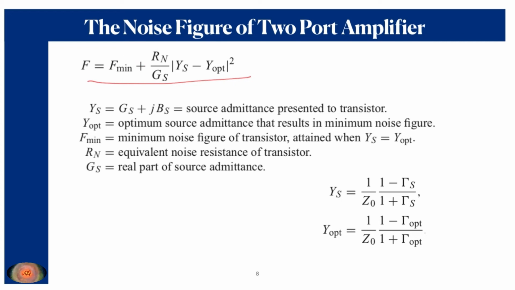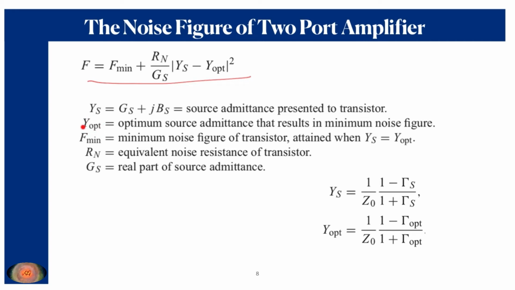This F min can generally be obtained either from the datasheet of the amplifier or by experimental result of the amplifier. So this is the minimum noise figure that we have to maintain, and this is the additional part where Ys, which has the real part Gs and the imaginary part Bs, is the source admittance presented to the transistor.